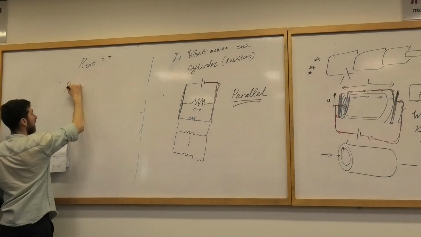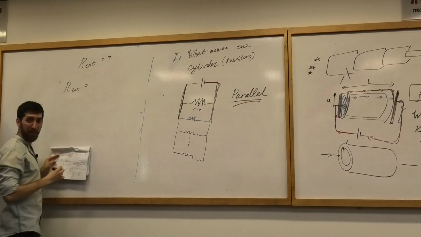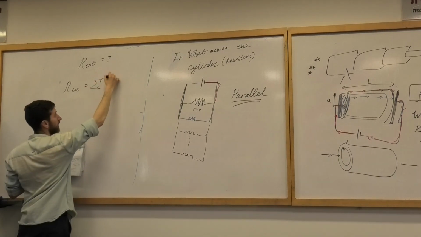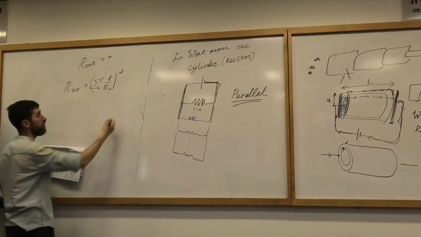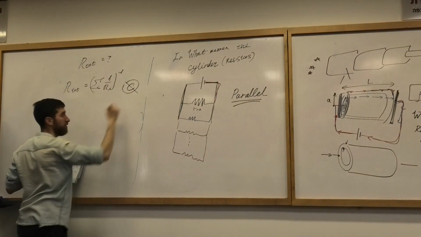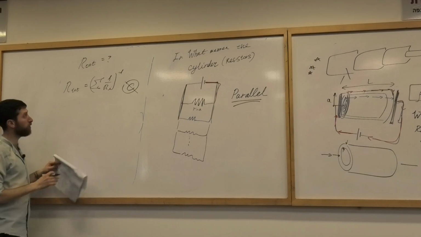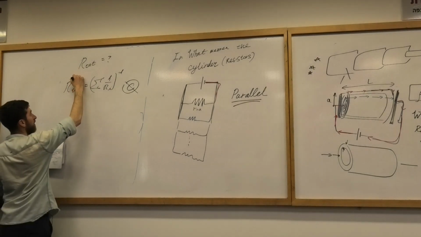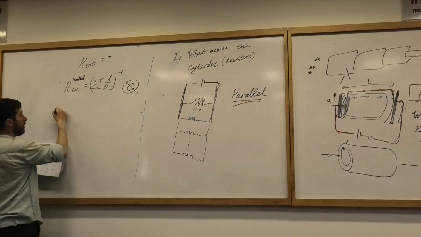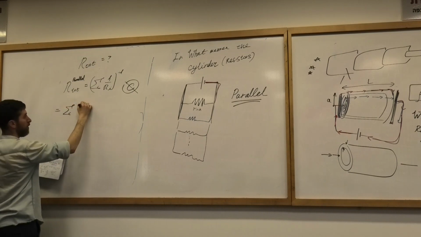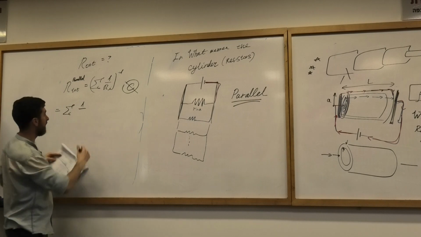So our total in parallel is actually looking like this, which is the opposite of capacitors, right? The opposite way. This is for parallel, right? Good.